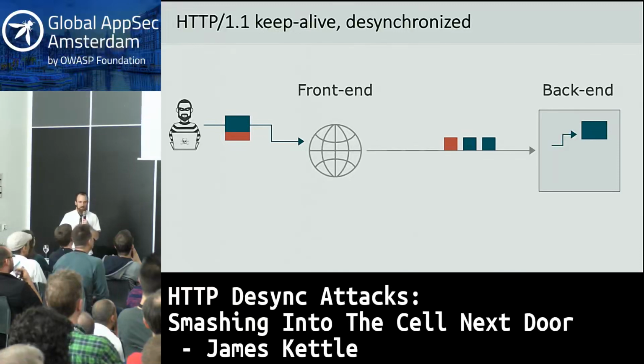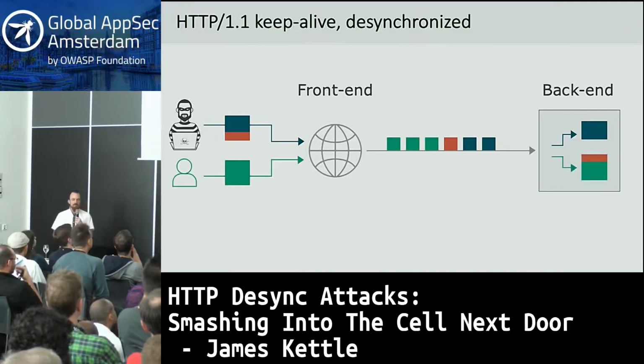So it thinks the orange square is the start of the next request, and then it will wait for this phantom second request to be completed until the next real request gets sent down that stream, maybe by the attacker or maybe by someone else, and then effectively that orange bit of data just gets stuck on the start of the next request to hit the back end.